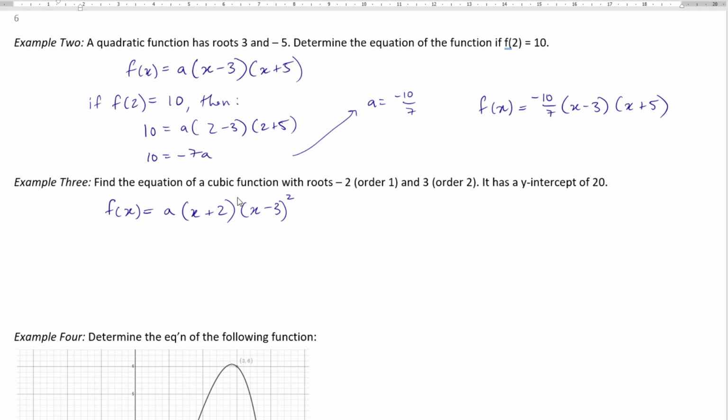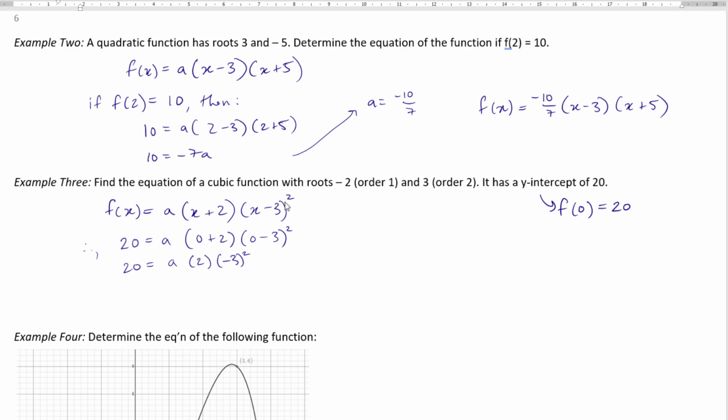Then it's the same idea here. The y-intercept is equal to 20, so that means when x is 0, the y value is 20, right? If I know that f(0) is equal to 20, then 20 is equal to a times (0 plus 2)(0 minus 3) squared.